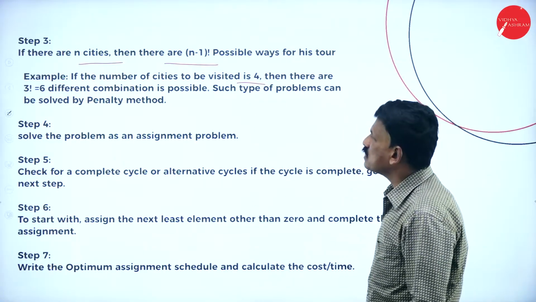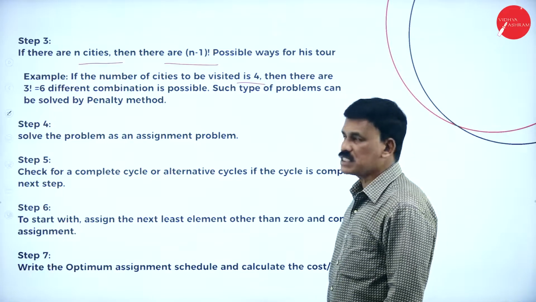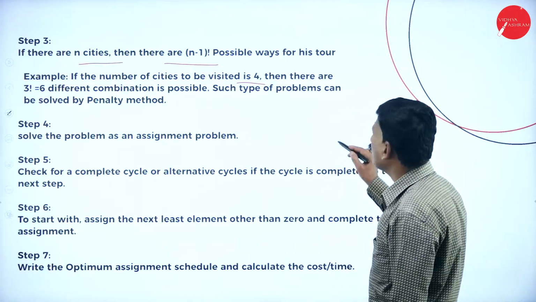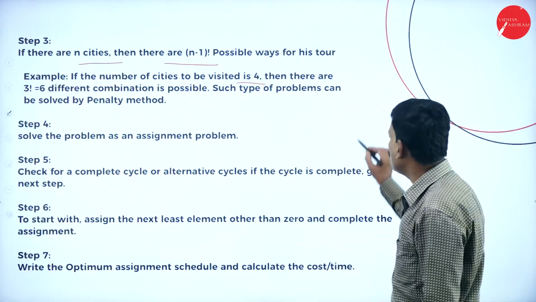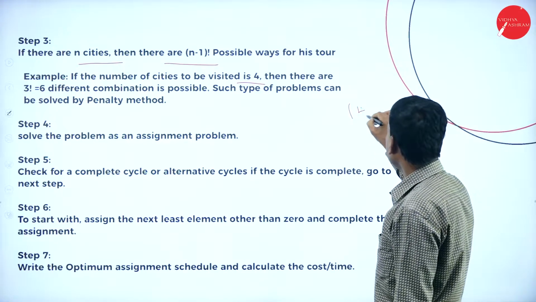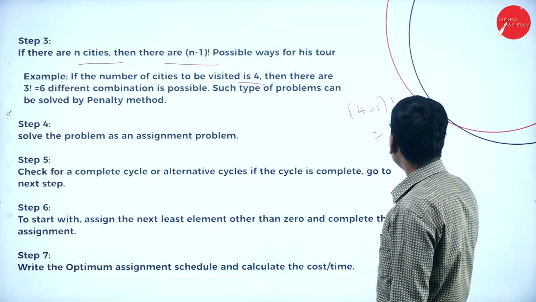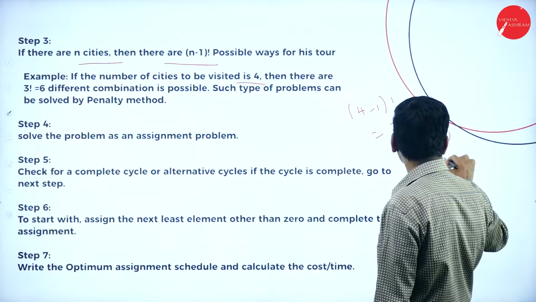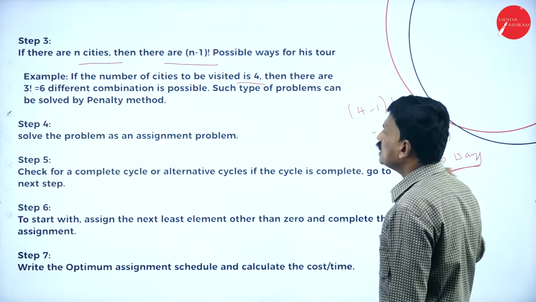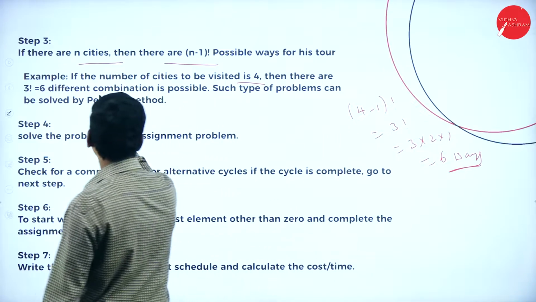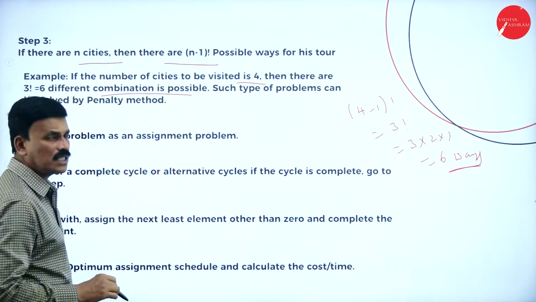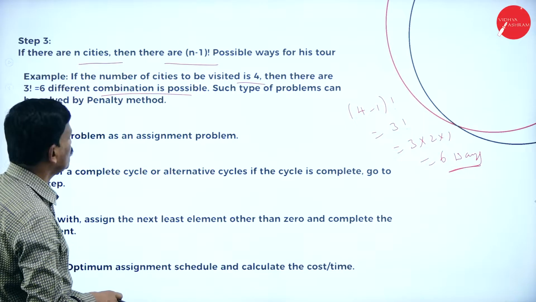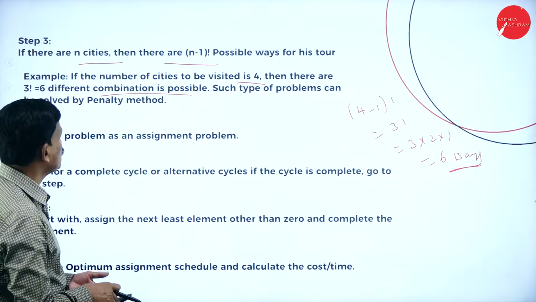If the number of cities to be visited is 4, then the number of combinations will be (4 minus 1) factorial. 4 minus 1 is 3 factorial, which is 3 into 2 into 1, equal to 6 ways. So he can travel in 6 different combinations. So these are the 6 possibilities.